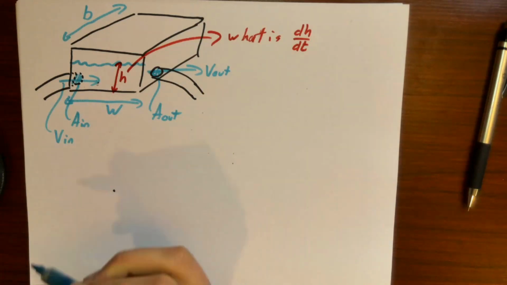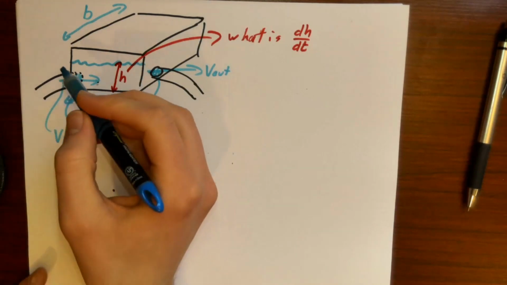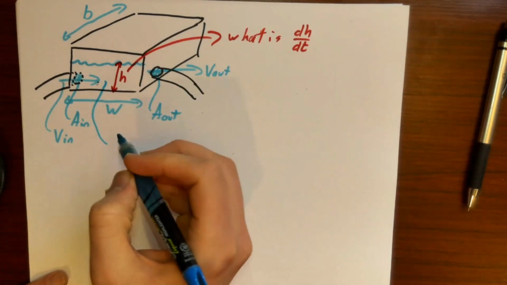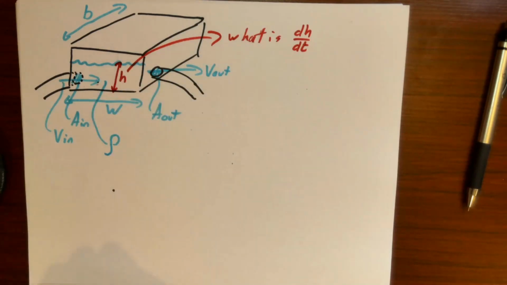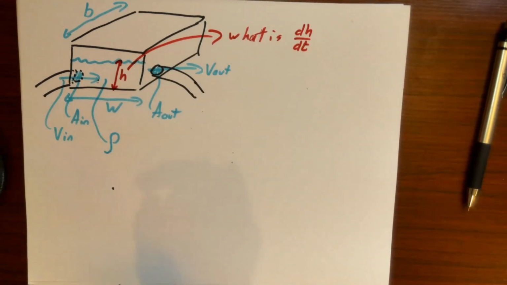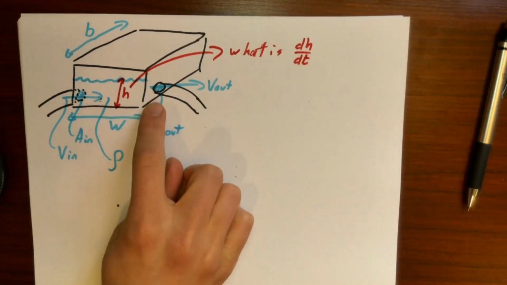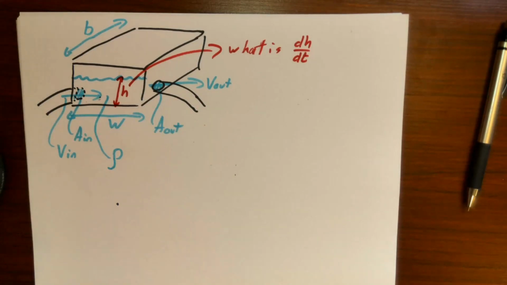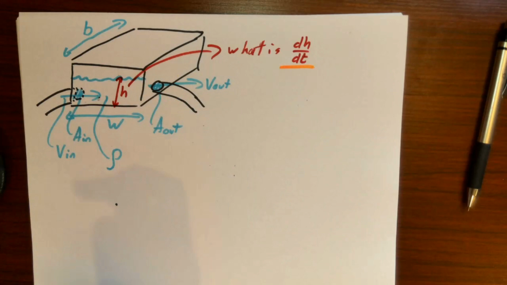Let's say we're dealing with cell culture media, which, give or take a little, has pretty much the properties of water. So let's assume that the density of this material is known, and we'll give it the Greek letter rho. So we have all of these knowns about this system, and our goal is to figure out the time rate of change of the height of the fluid in this tank.